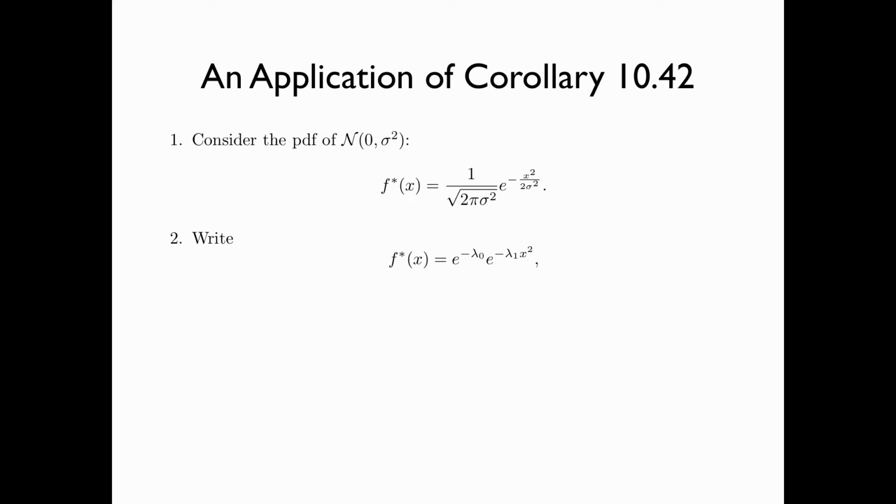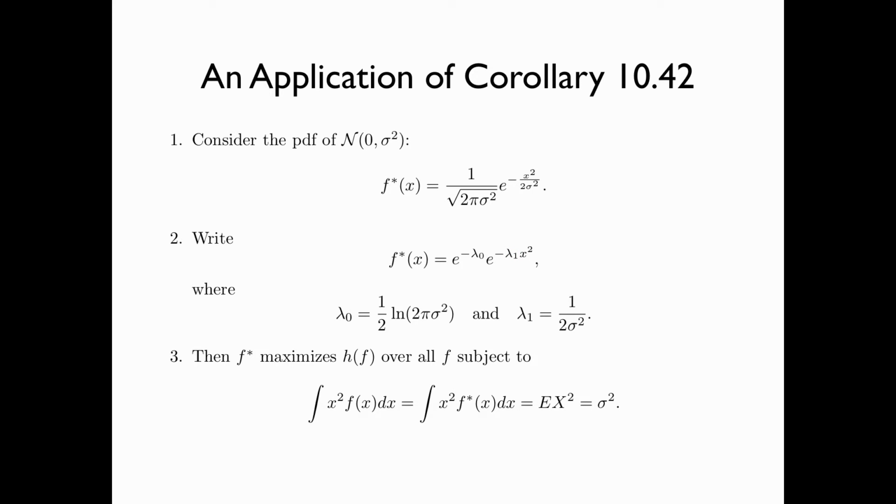To answer this question, we write f*(x) equals e^(-λ0) times e^(-λ1 x²), where λ0 is equal to 1/2 log 2πσ², and λ1 is equal to 1/2σ². Then, according to Corollary 10.42, f* maximizes the differential entropy over all density functions subject to the second moment equal to σ².